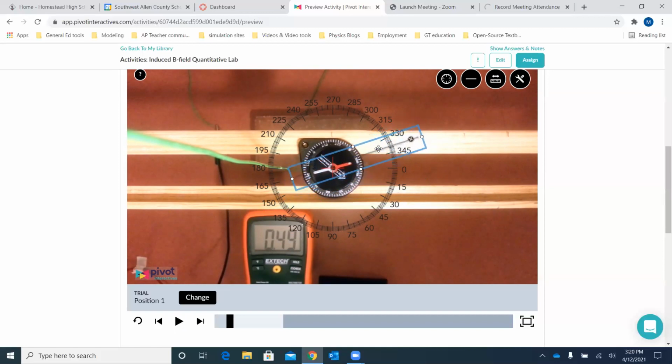Well, this is kind of hard to put on there. Kind of rotate it right along the compass needle. And it looks like for me, it's pointing at 345. So it went from 0 up to 345. So let's see, I guess that's 15 degrees. So it rotated 15 degrees. And I can get rid of that. And so that's at position 1.